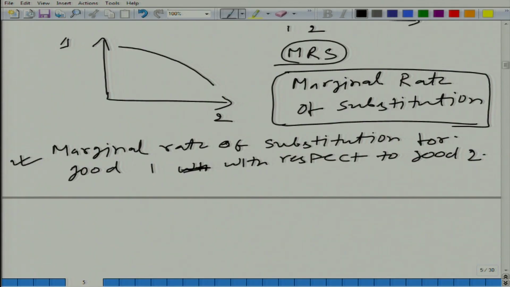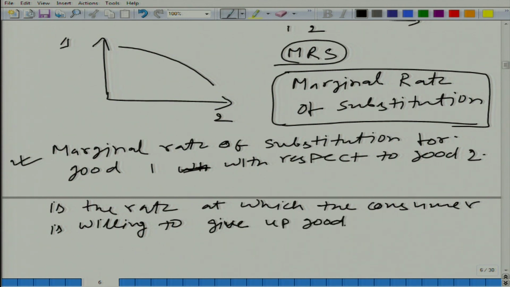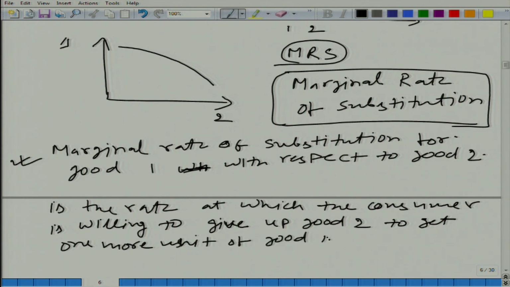So, the marginal rate of substitution for good 1 with respect to good 2 is the rate at which the consumer is willing to give up good 2 to get one more unit of good 1.